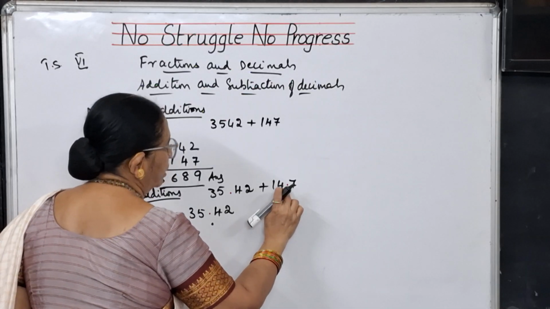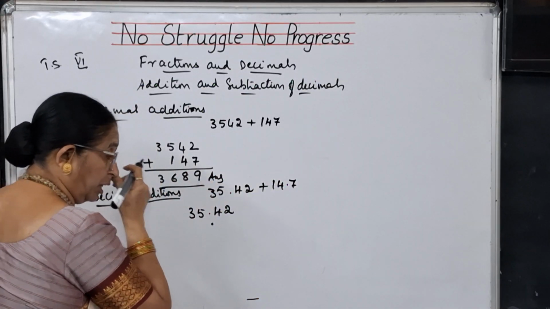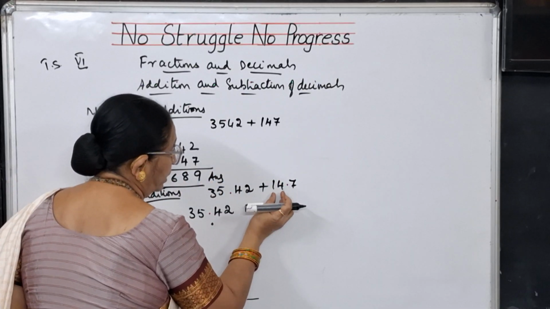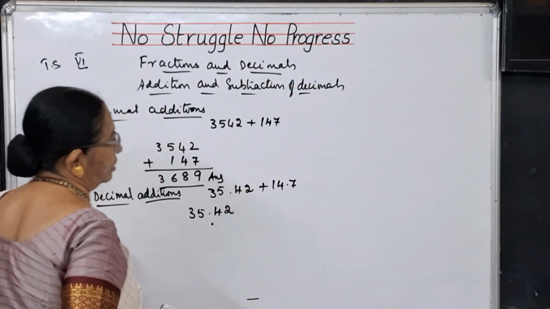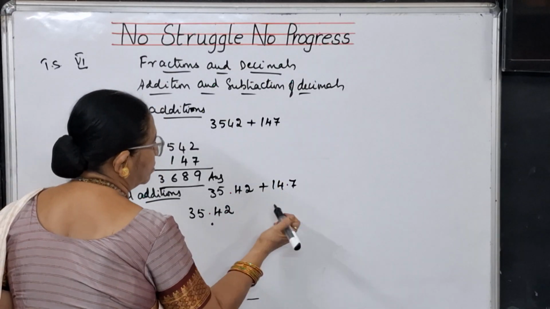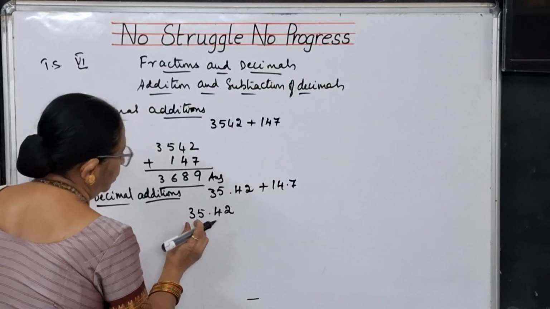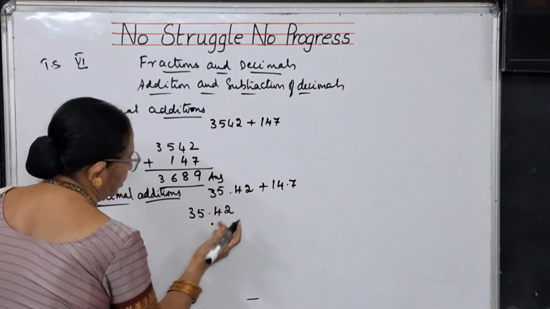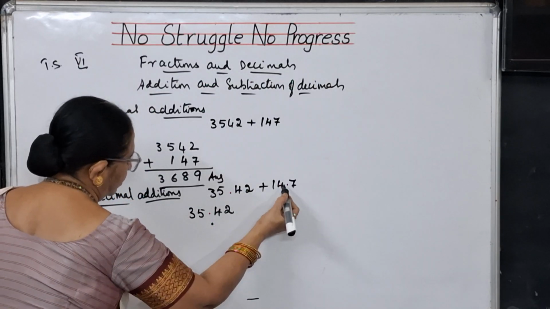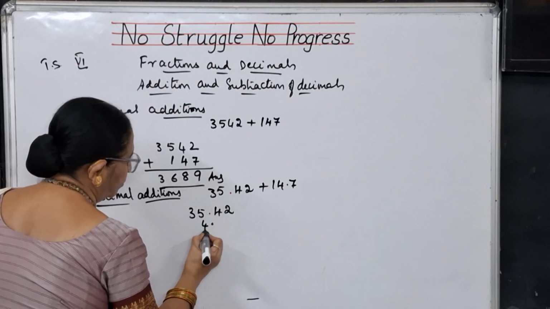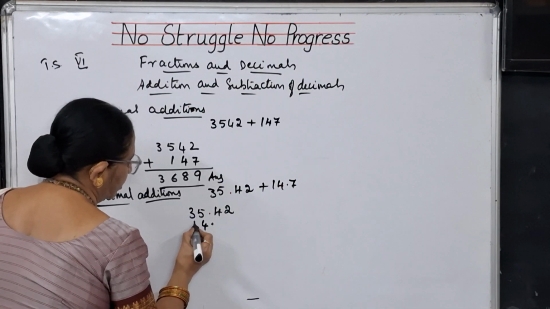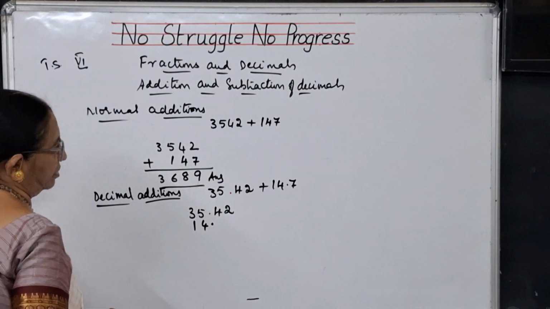Now this decimal is dividing the whole number into integral part and decimal part. The integral part starts with units place, tens place. So here also there is an integral part and a decimal part. The units place is here. So 4 will come under this units place, 1 will come under this tens place.